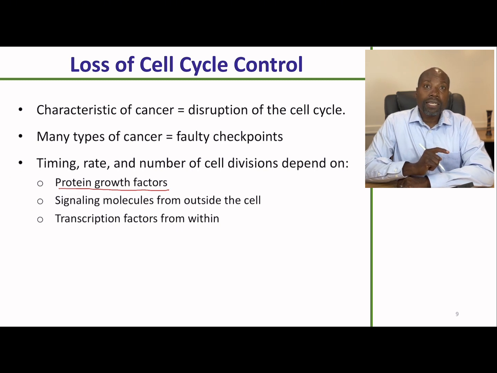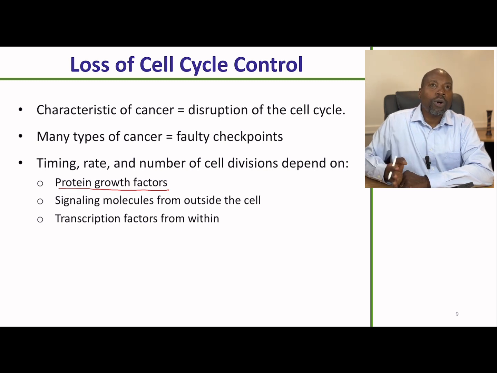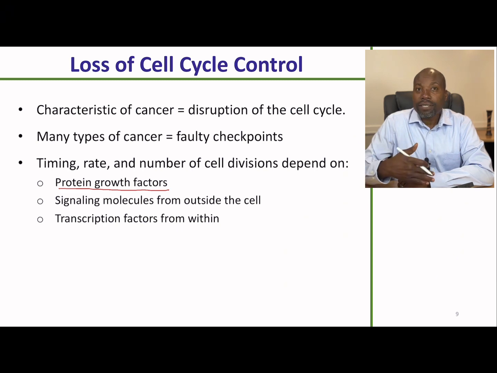Having too many protein growth factors released without control is going to cause cells to multiply, because these cells receive a signal that triggers cell division all the time.